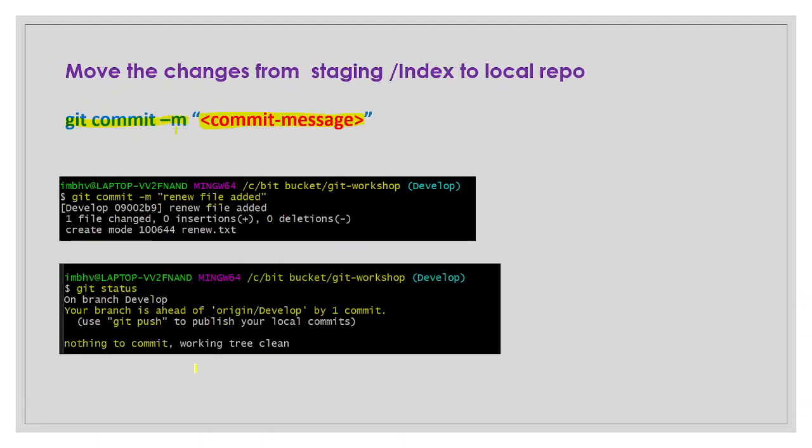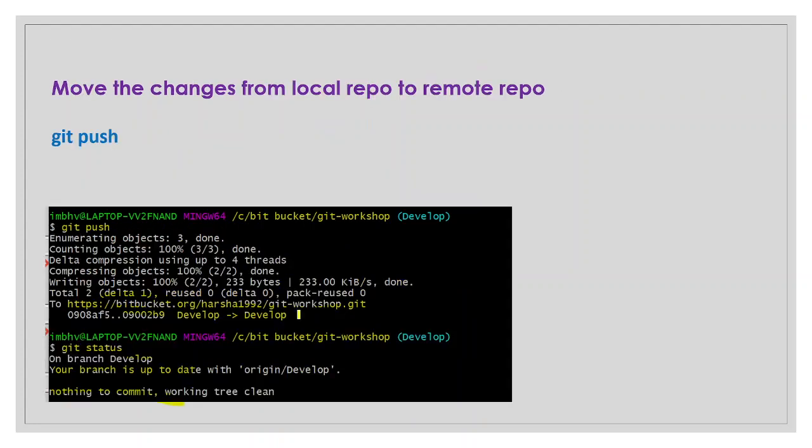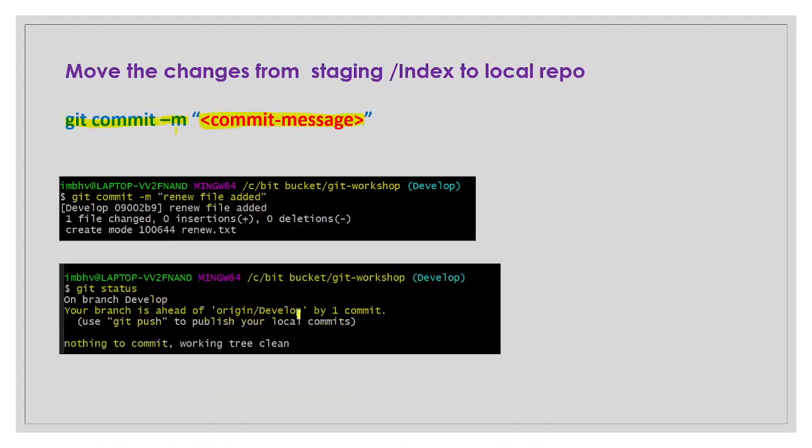So earlier the status was like your branch is ahead of develop. After I push these changes, I could see the status is updated to everything is up to date, because earlier something was committed but not pushed to remote. You could see the log over there.